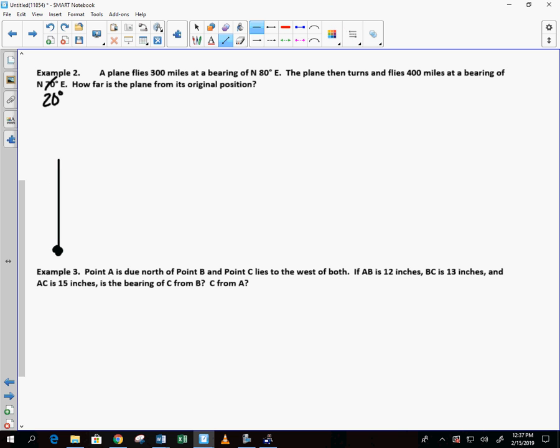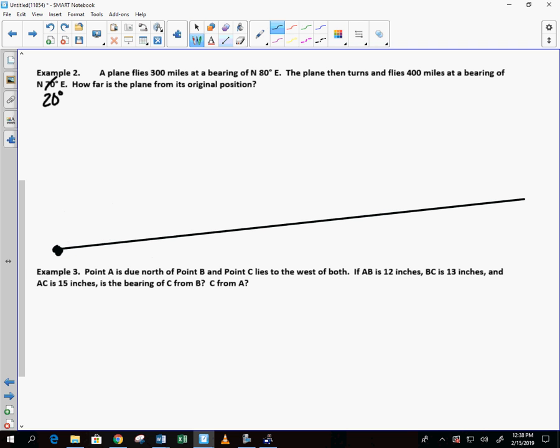You tell me, what does north 80 degrees east look like? Straight? Aren't they all straight? Very good. So we're gonna call this 300 miles.